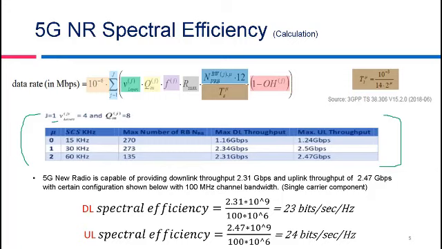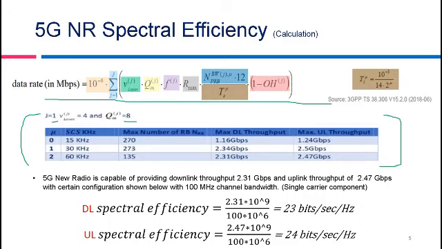I'm not considering any kind of carrier aggregation in new radio, and the modulation order Qm considered here is 8, which relates to 256 QAM. The throughput numbers shown in the table are calculated using this particular formula, which is taken from the 3GPP specification 38.306 version 15.